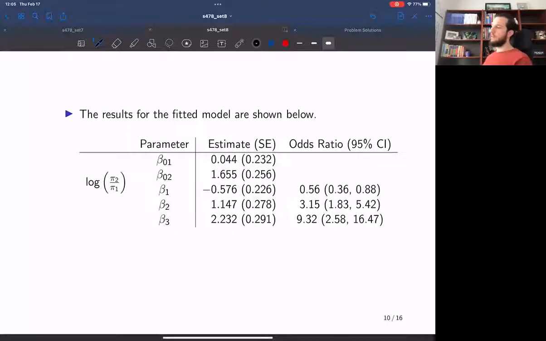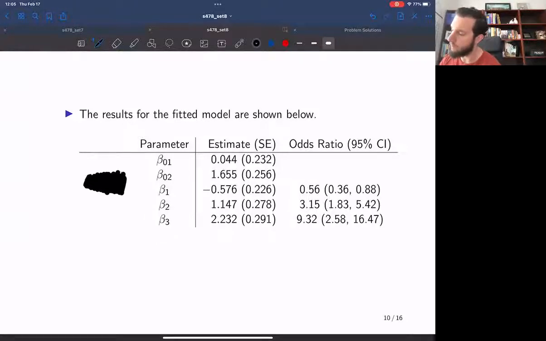All right, so here's the output for this model. So you can see we have the following set of values, right? Beta 0,1, beta 0,2, beta 1, beta 2, and beta 3.